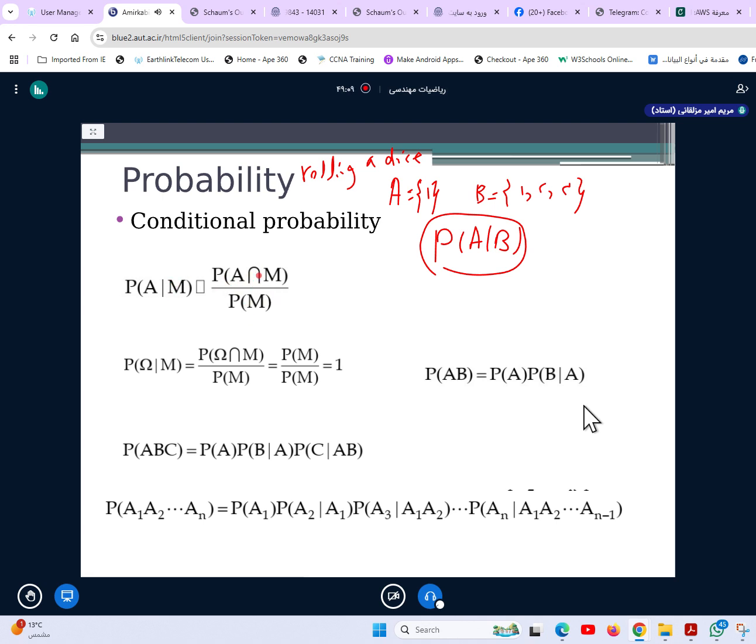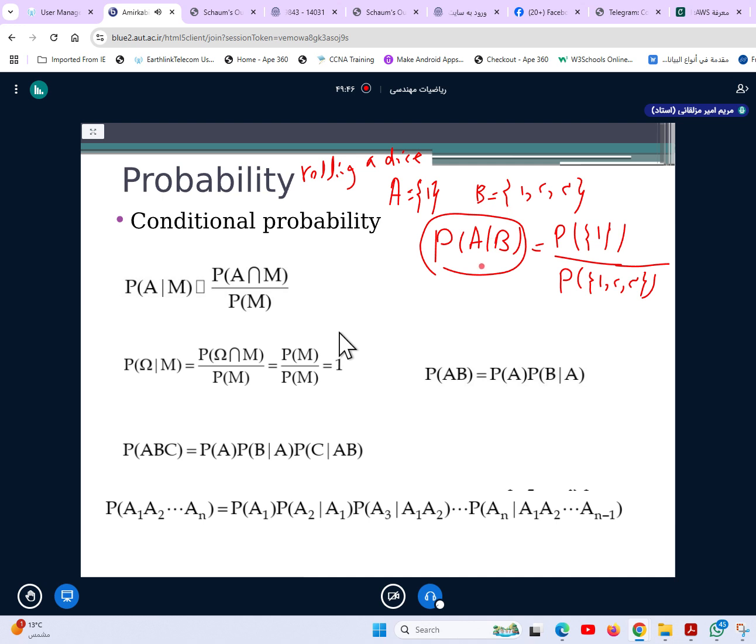In the numerator, we have the probability of A intersection with M, and in the denominator, we have the probability of M. In this example, we have the probability of the intersection of A and B, that is {1}, divided by the probability of B, that is {1, 2, 3}.